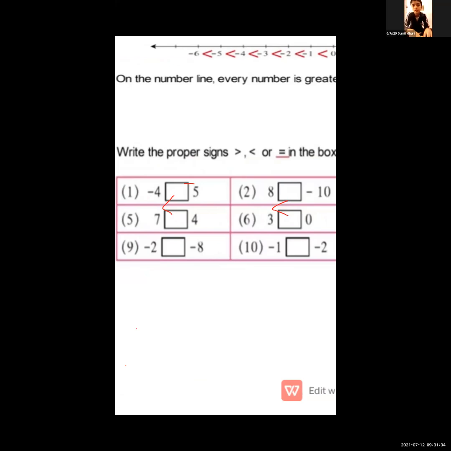Yes, teacher. Yeah, beta. Give me the ninth question answer. Minus 2. You guys are writing on the chat minus 2 also. It is good. Minus 2. -2 is the greater number. Yes. How?